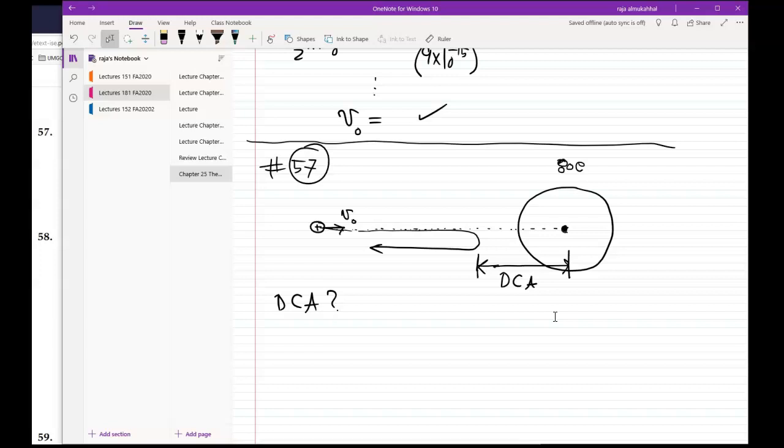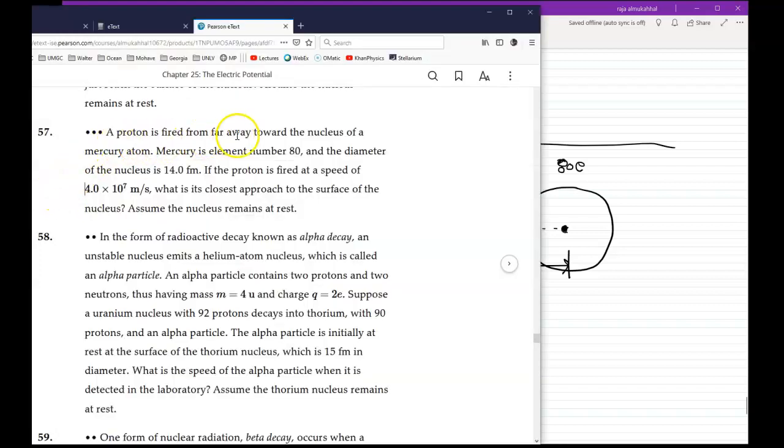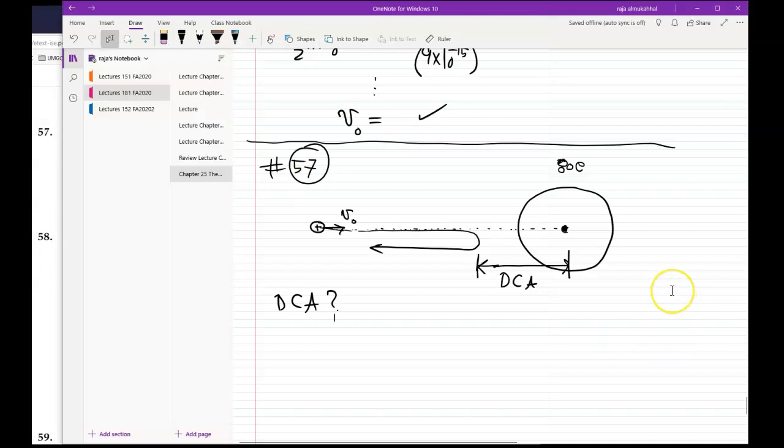How do I determine that? Again, we can use conservation of energy. He says a proton is fired from far away, which means there is no potential here. So right here, the energy E is equal to 1/2 m v naught squared. This is far away.